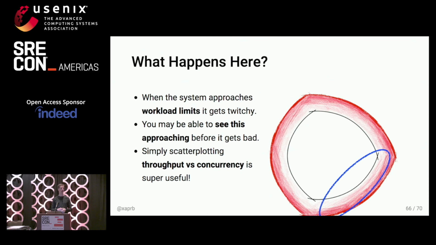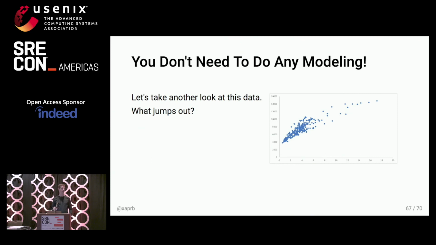If you just gather this data and plot it on a spreadsheet, it's super easy to see it happening. You don't need to know the math. You just need to go, ooh, an ideal system would be a straight line, and my hairball is kind of not straight. And you're like, yes, when we get into that region, we're starting to see the system struggling. So no modeling necessary.